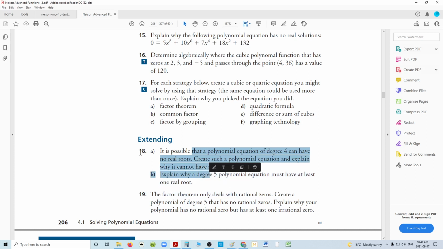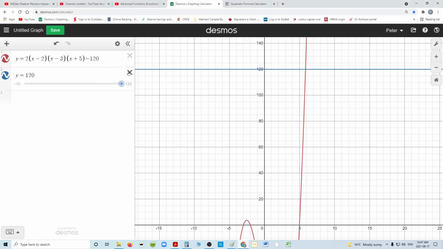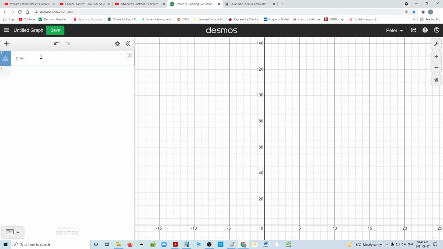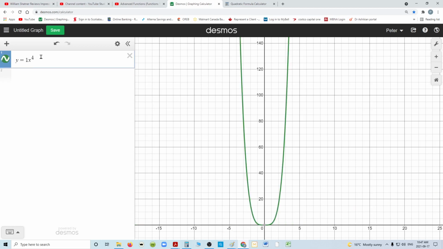Well, that's just basic knowledge. Okay, I'll create one with x to the power 4 that has no roots. Ready? Done. Because an x to the power 4 does not have to cross the x-axis.